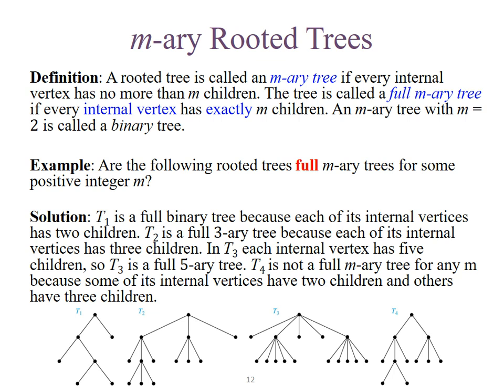For example, if n is 2, then we call this a binary tree because each internal node has at most 2 children. Okay, and then you may have 3-ary trees, 4-ary trees, and so on. So let's see this example. For T1, maybe we can mark the internal vertices to check how many children each has.